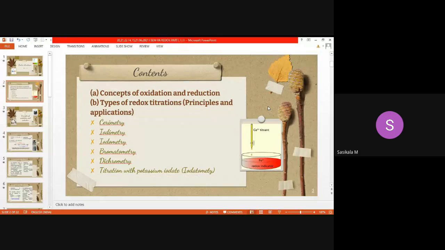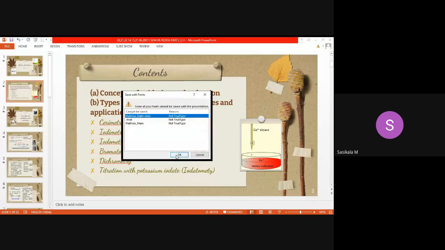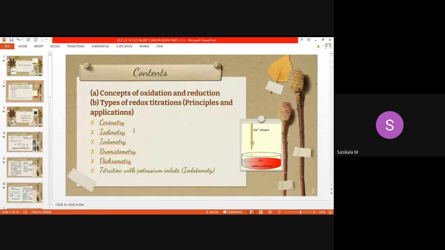So these are the different types of redox titrations we are going to discuss today. Iodatometry is titration with potassium iodate.